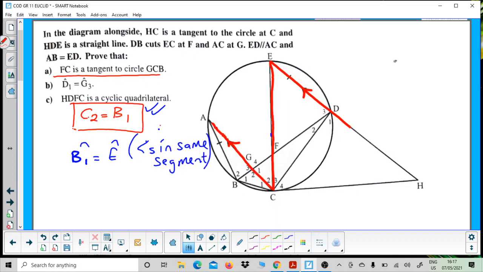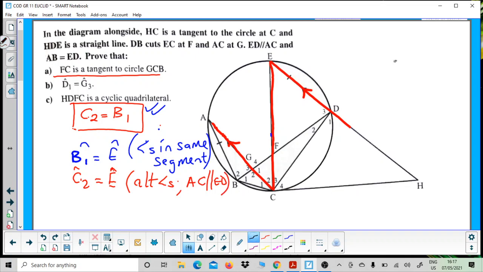Which angle is equal to E then? C2 is equal to angle E. What is our reason? Alternating angles. Which ones are the parallel lines? AC parallel to ED.